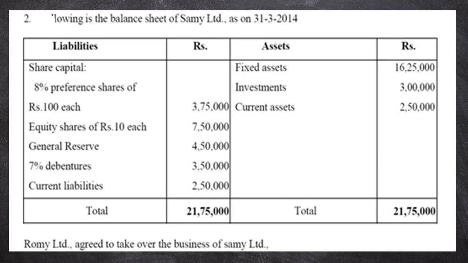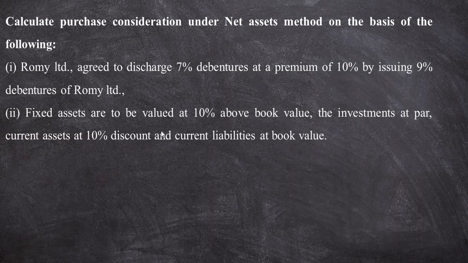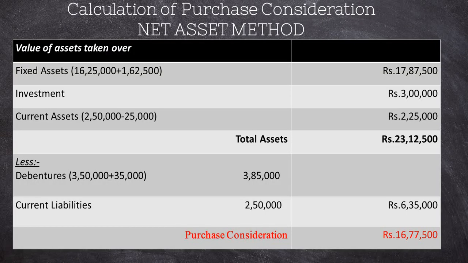6,25,000. So for this, additional information is given: fixed assets ought to be valued at 10% above book value. So if it is above book value, we have to increase the book value, which means we have to increase the fixed assets value by 10%. So the value is 6,25,000, and the value of fixed assets got increased by 10%.